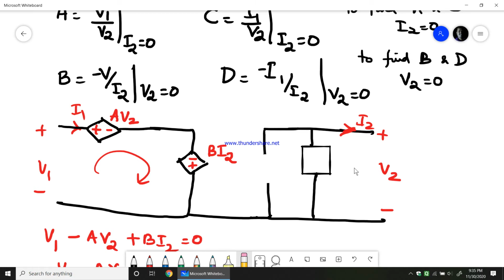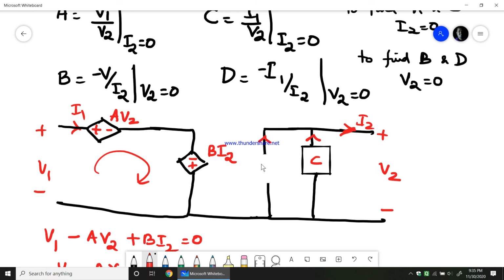So C into V2, right? This would be C into V2. I2 is leaving, so current should be entering here and leaving there.